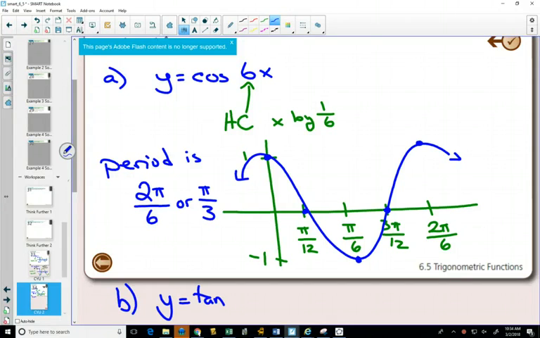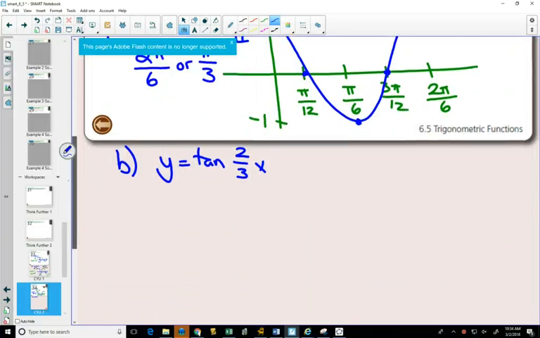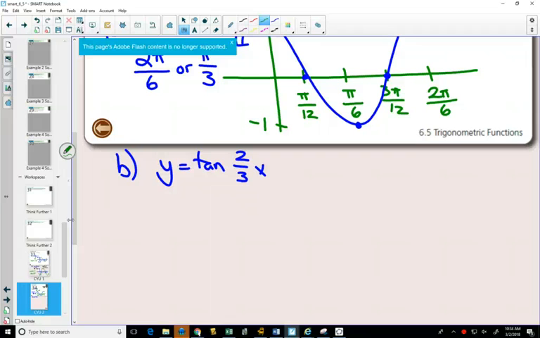Second one, we've got tan of 2/3 x. Horizontal stretch or horizontal compression? It'll be a stretch because we would multiply our x values by the reciprocal, which is 3/2.